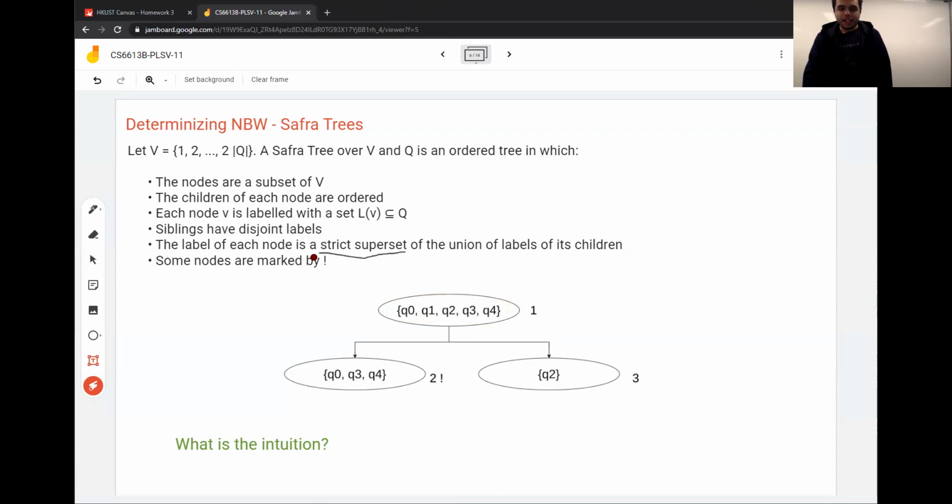And also the label of each node is a strict superset of the union of the labels of its children. So each node has at least one state that is appearing here for the first time. So not only is it finite, it has at most n different vertices, where n is the number of states in your automaton.